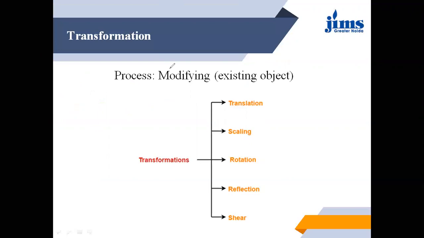Now we will see what transformation is. Transformation is a process by which we modify the object. Either we are modifying the size, or we are modifying the coordinate system.